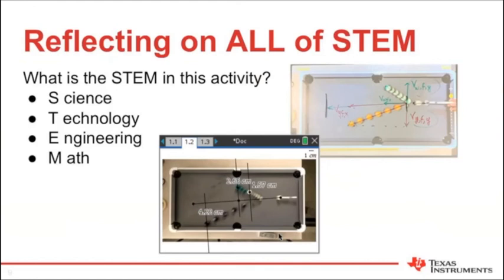So where was the science, the tech, the engineering, the math? And I want to get your thoughts on this. So 30 seconds of me quiet so that I can go ahead and get your thoughts. There's my 30 seconds. Get to check out what everybody says.